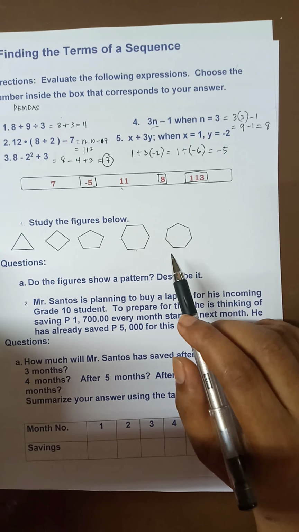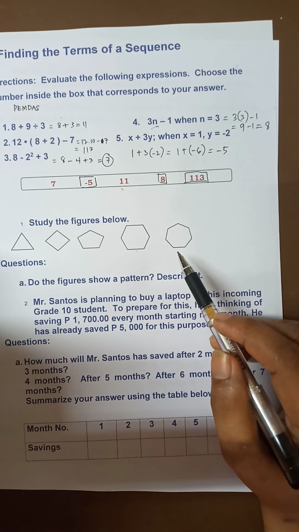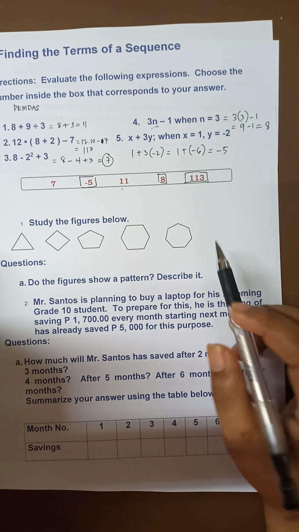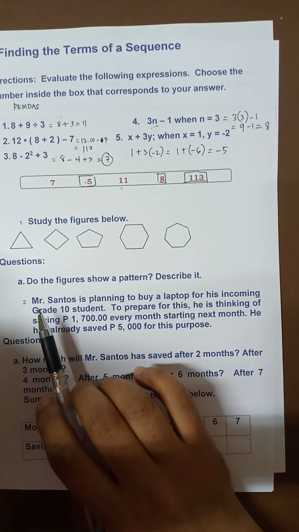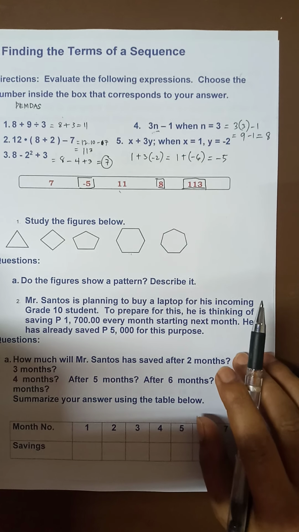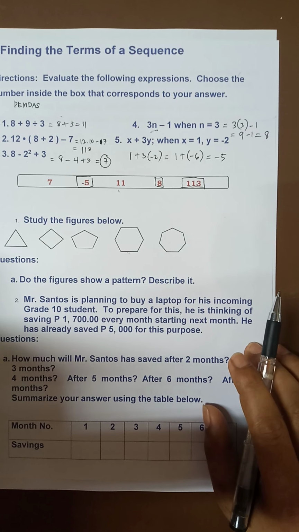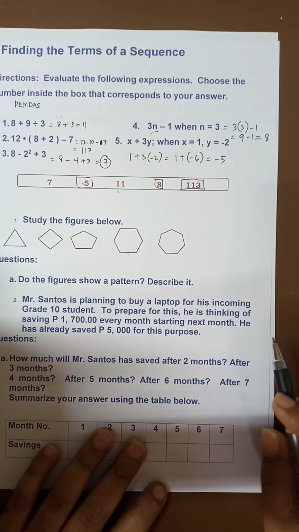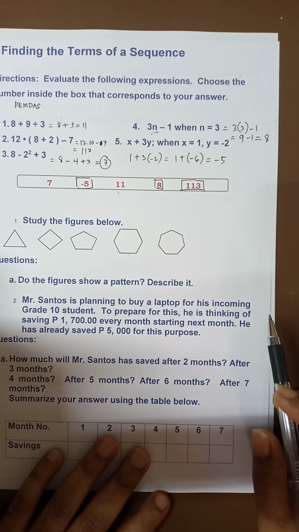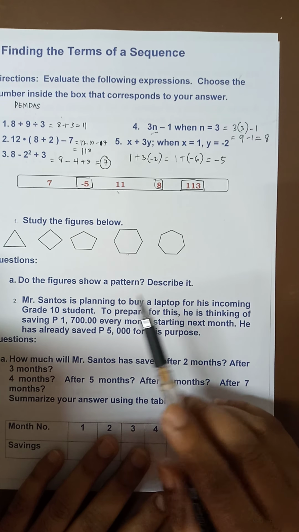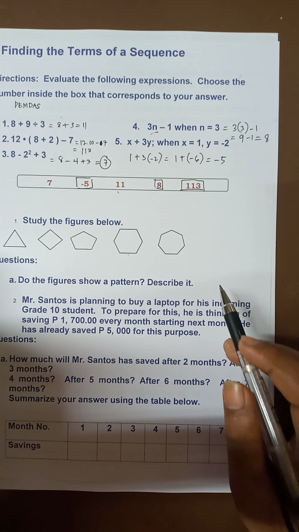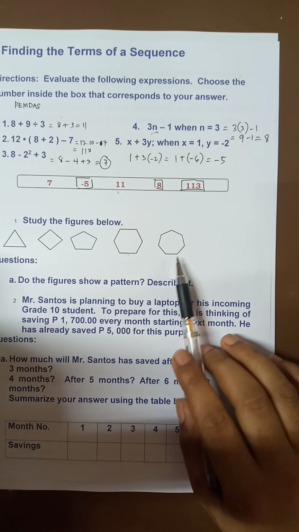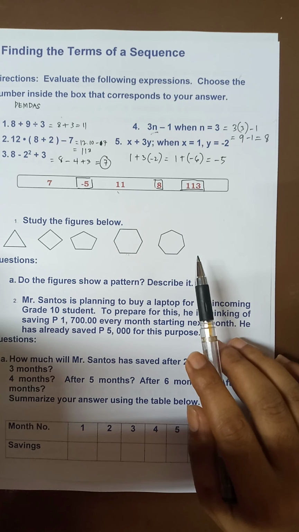A polygon having 5 sides is what we call a pentagon, and a polygon having 3 sides is called a triangle. Now in letter A, do the figures show a pattern? Describe it. What will be the 6th figure following the first 5 figures in example number 1?